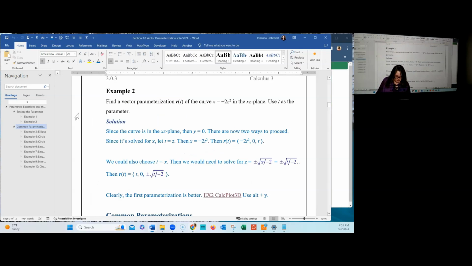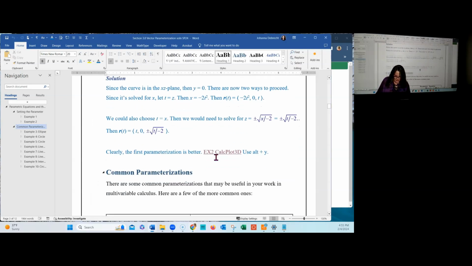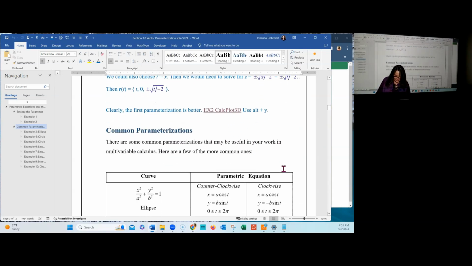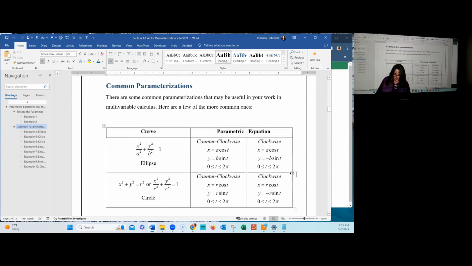Let's now take a look at a second one: some common parameterizations. I split this into two different tables. They're both common parameterizations. The first table refers to elliptical or circular curves in two- and three-dimensional space.